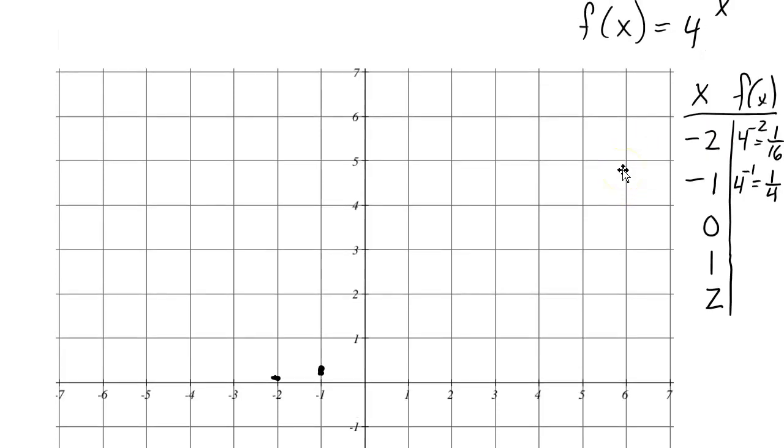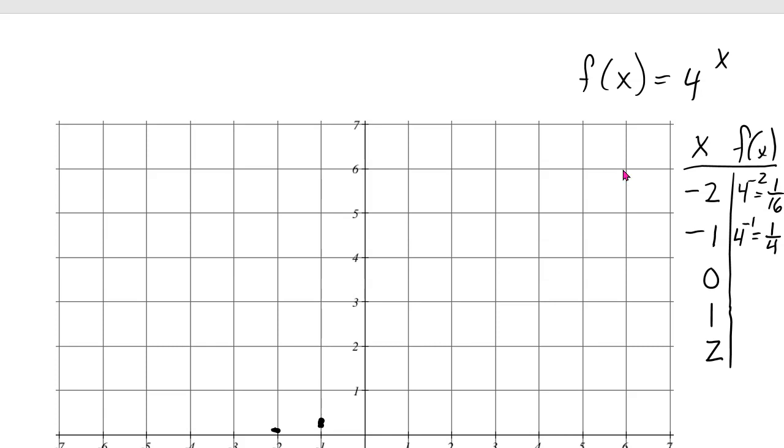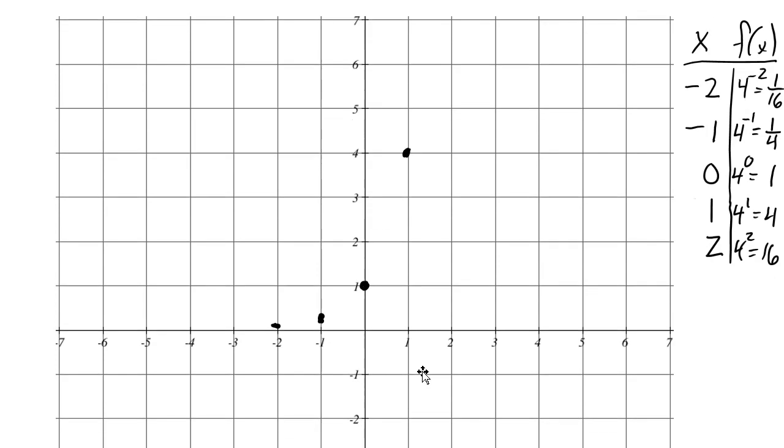The next value that I'm going to be looking at is 4 to the 0th power. 4 to the 0th power is 1. That will graph here on the y-axis at height 1. 4 to the 1st is, of course, 4, and 4 squared is 16. 16 is too large for my graph, but I can graph 1/4 by graphing it there.